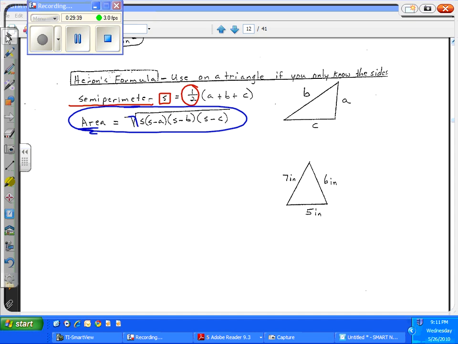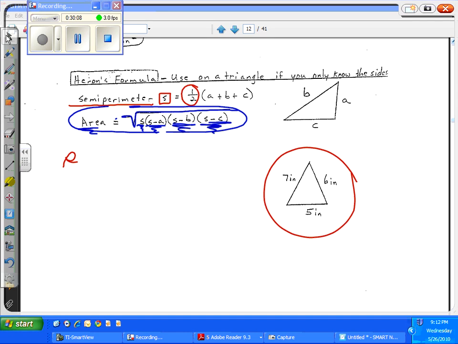So Heron's formula says that the area is equal to the square root of S times S minus first side times S minus second side times S minus third side, where S is the semi-perimeter. Let's see how this works with this triangle here.